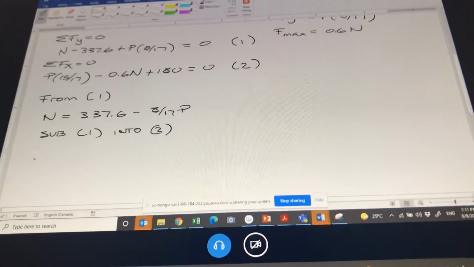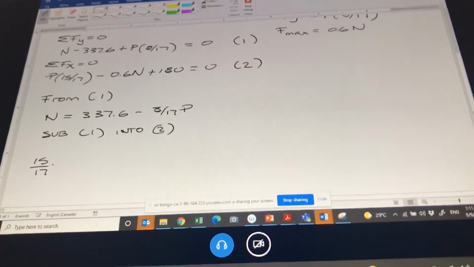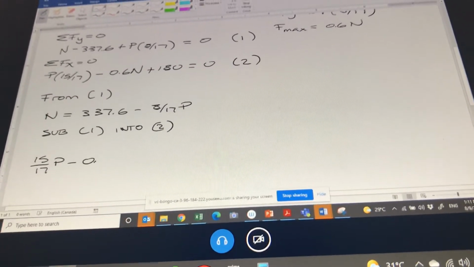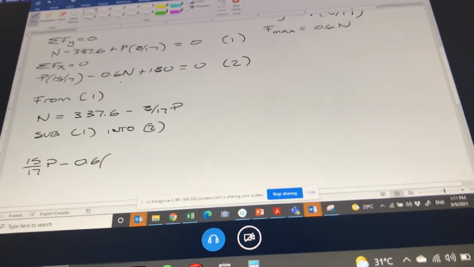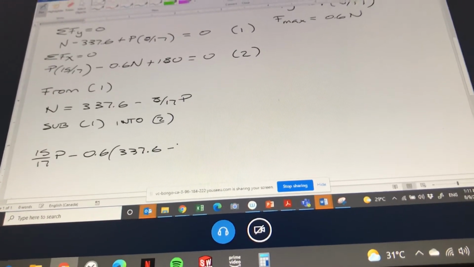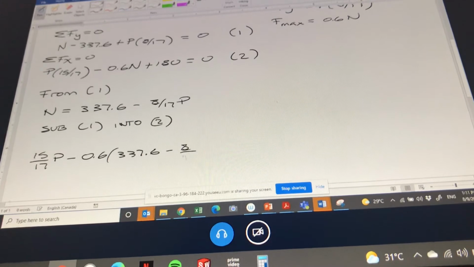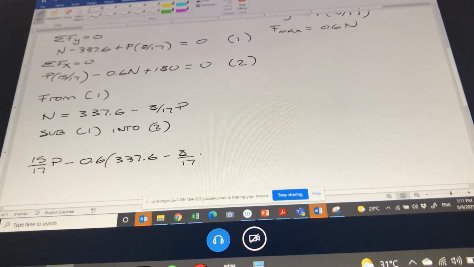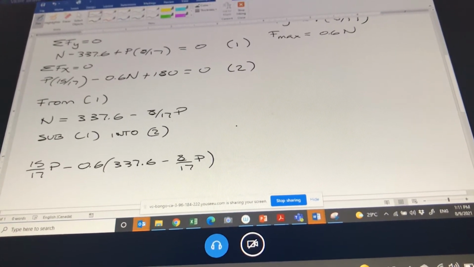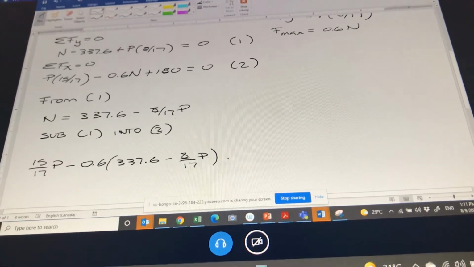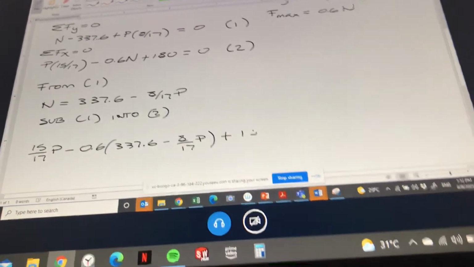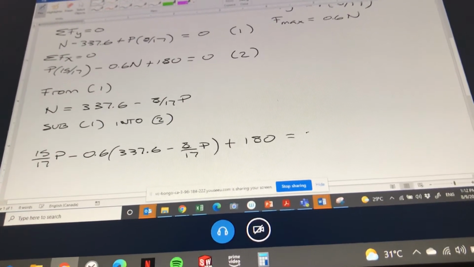And then you got basically 15 divided by 17 P minus 0.6, which is multiplying N, but now we know that N is 337.6 minus 8 divided by 17 P. That's my new N. Plus 180. And that should be equal to 0.